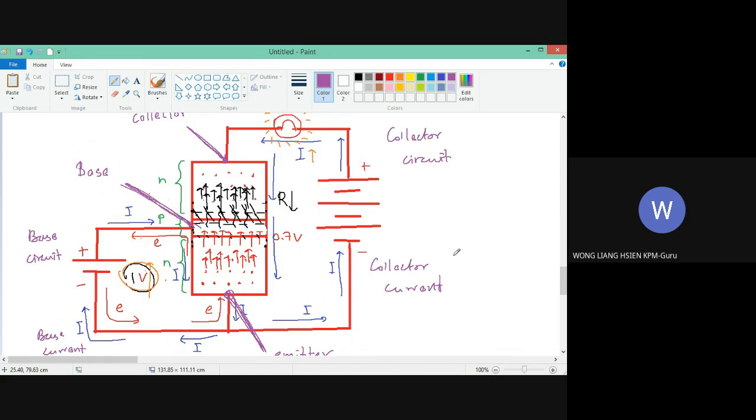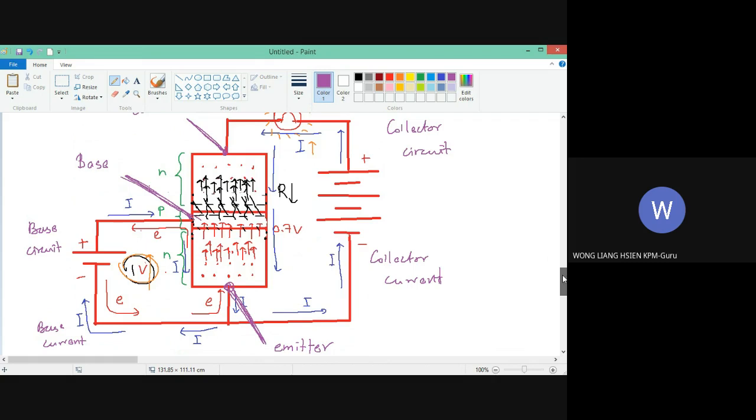And then you see, the current here is the collector current.